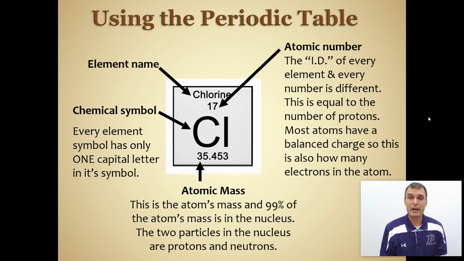And again, 99% of the mass of an atom is located in the nucleus. So this atomic mass number is the number of protons and the number of neutrons put together. And because I told you they have isotopes, which means some elements have different numbers of neutrons, what they do is they average that out. That's how you get this decimal number. Cool.